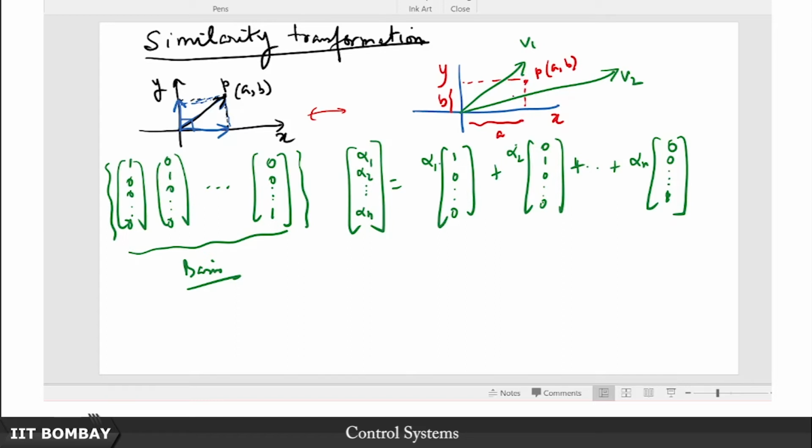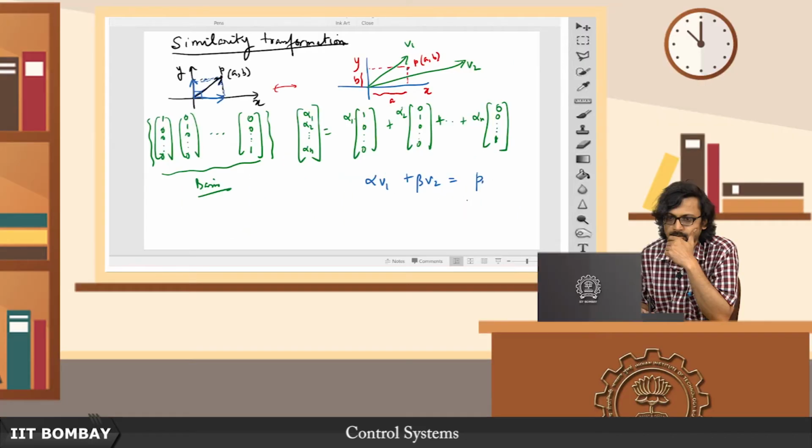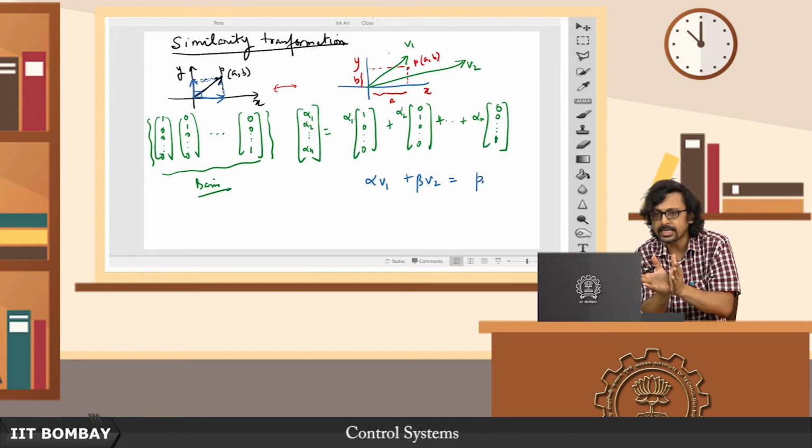How do I do that? Geometrically the construction would look something like this. I have to think of some alpha times v1 plus some beta times v2, which gives me this point P. That essentially means I have to take alpha times v1, beta times v2 and take their vector sum. So I have to apply the parallelogram law, right?